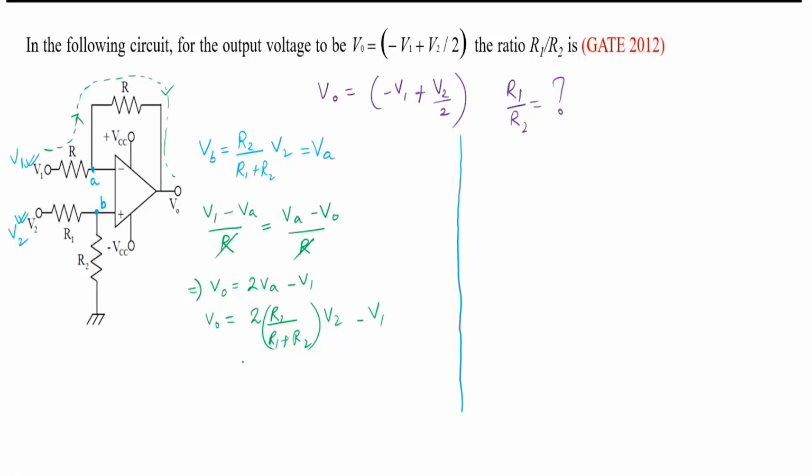Then if you express it in the form of R1 by R2, it will be better. So what I can do is divide by R2, giving R1 by R2 plus 1, V2 minus V1. Is this fine?